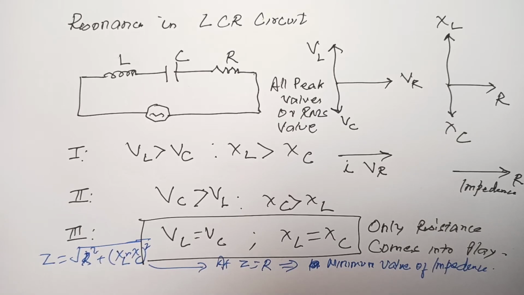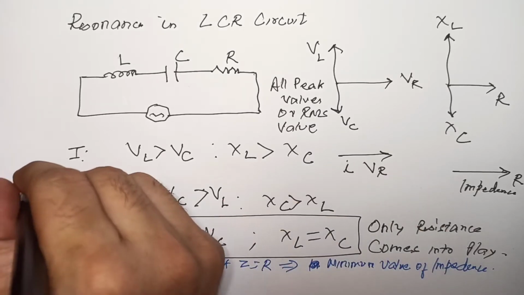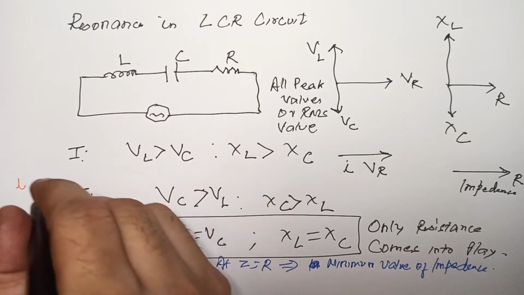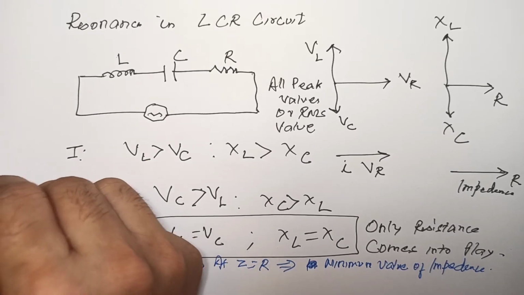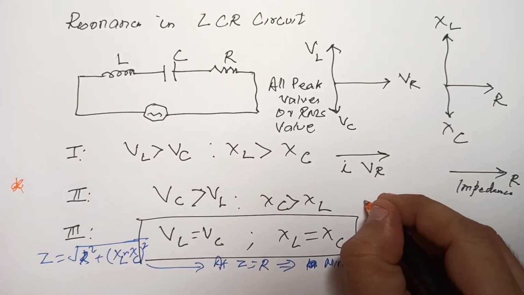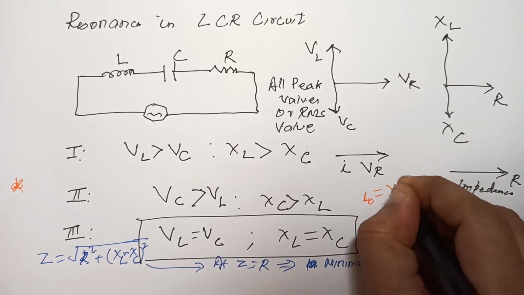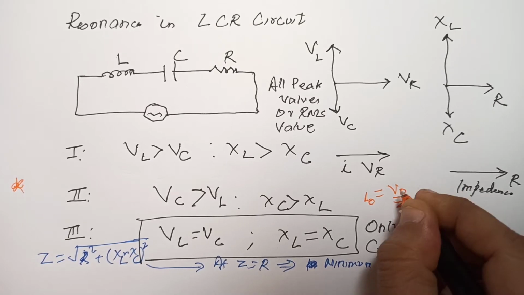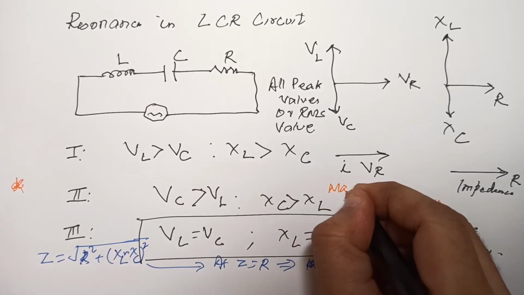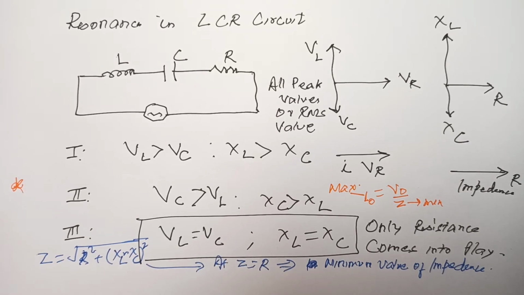However, you have to note down one more thing, that I naught is equal to V naught by Z. So when this is minimum, this would be maximum. So the peak current would be maximum when we are at resonance state, or VL is equal to VC, or XL is equal to XC.